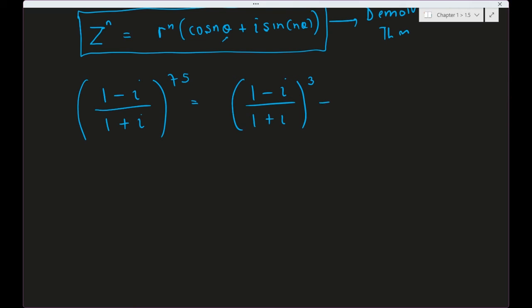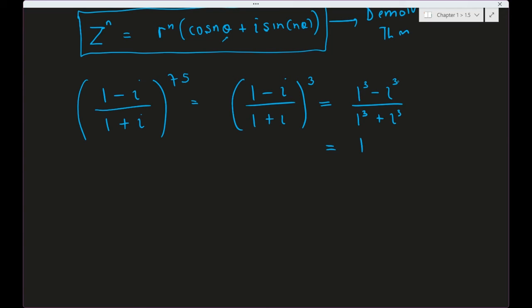And from here they took this 3 inside, so it became 1 to power 3 minus i to power 3, and the same thing here, 1 to power 3 plus i to power 3. And this now became 1.